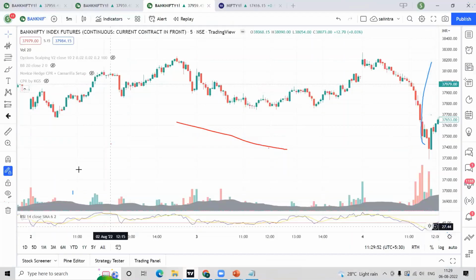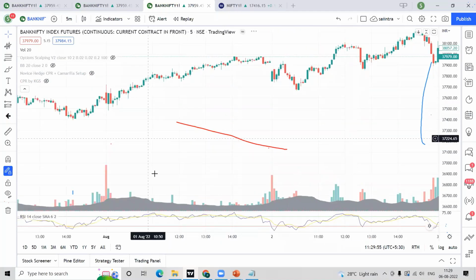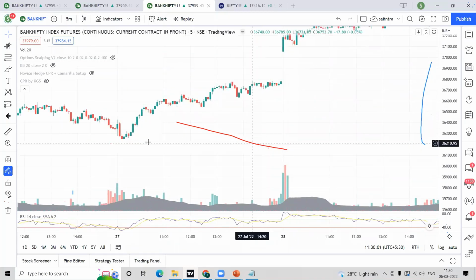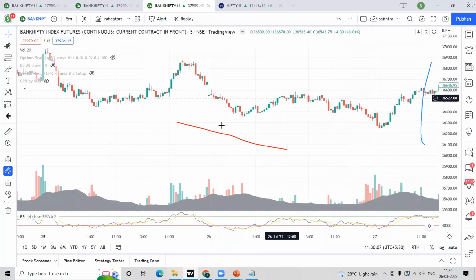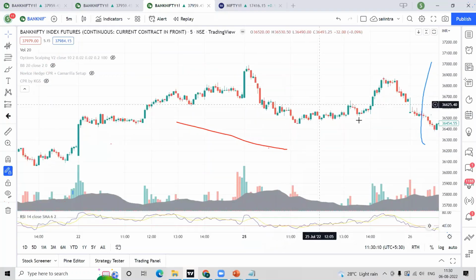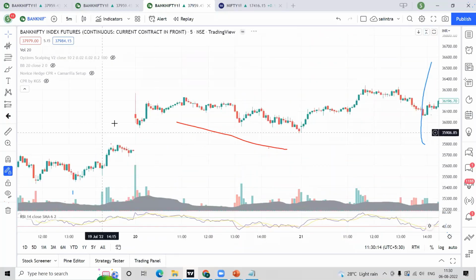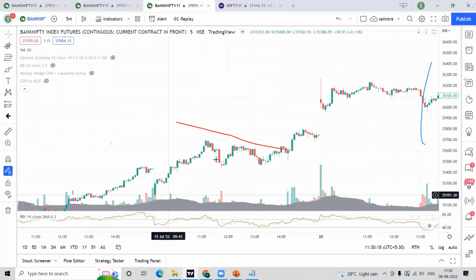Out of those, 2 to 3 days will be trending days. The market opens, goes up, up, up, or it goes down, down, down. Other days it is a flat trading market.